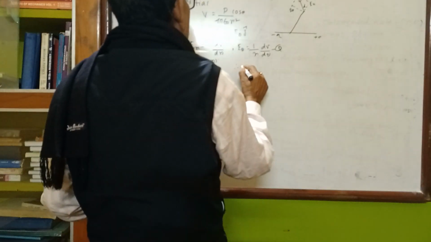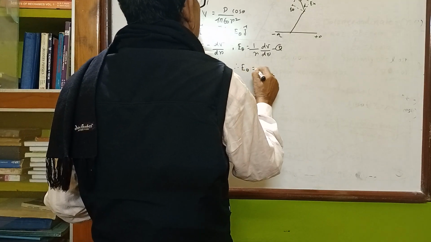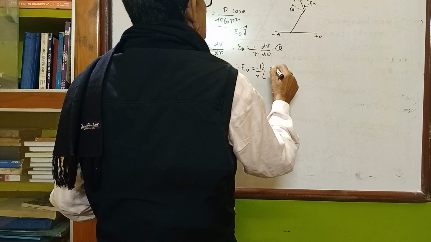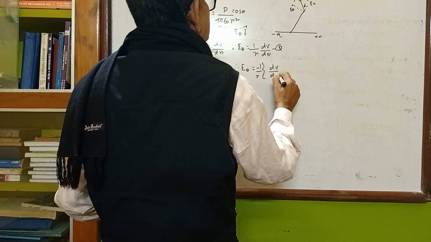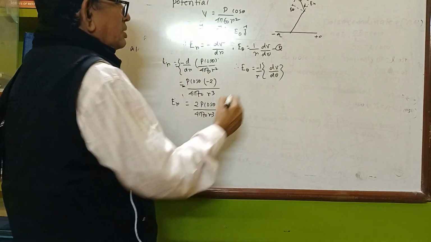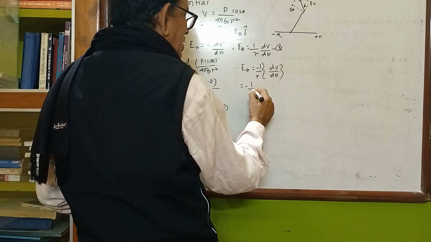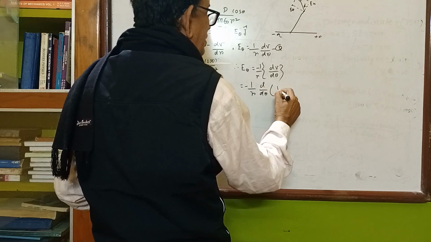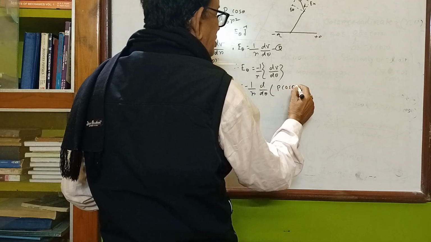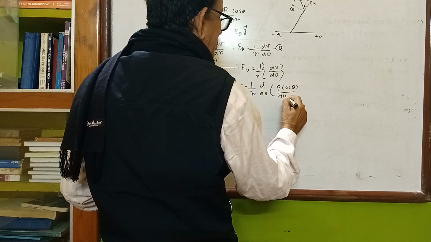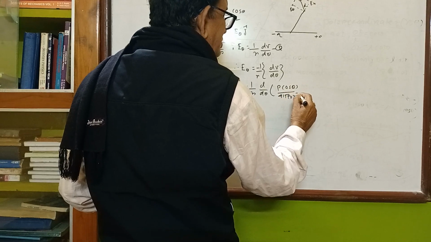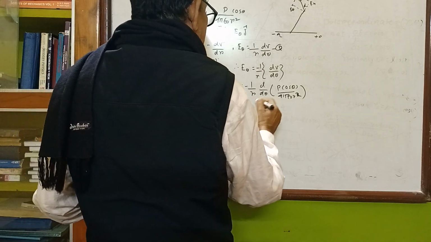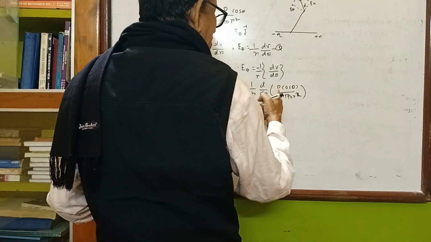Similarly, E_theta is minus 1 by r dV by d theta. Clear? So you get minus 1 by r d by d theta of p cos theta by 4 pi epsilon naught r square. This is constant, you take it out. The derivative of cos theta is minus sin theta, and minus times minus is plus.